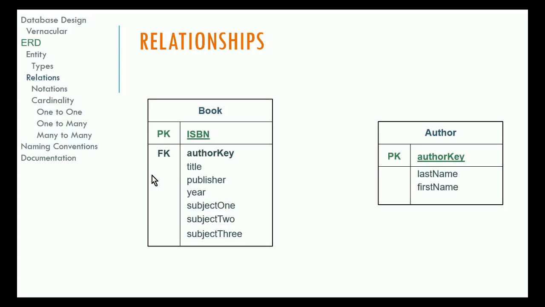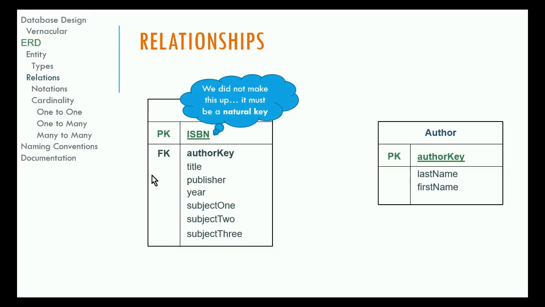I also want to mention that if you look at the ISBN, we talked about this before, that primary key would be a natural key. So that's a good example of a natural key. If you recall from an earlier video, we talked about the different types of primary keys. A natural key is one that we didn't make up.